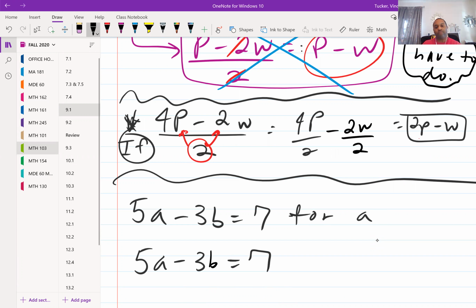All right. Next one, we want to solve for a. We have 5a minus 3b equal to 7. And like I mentioned, we want to solve for a. So let's go ahead and move 3b.